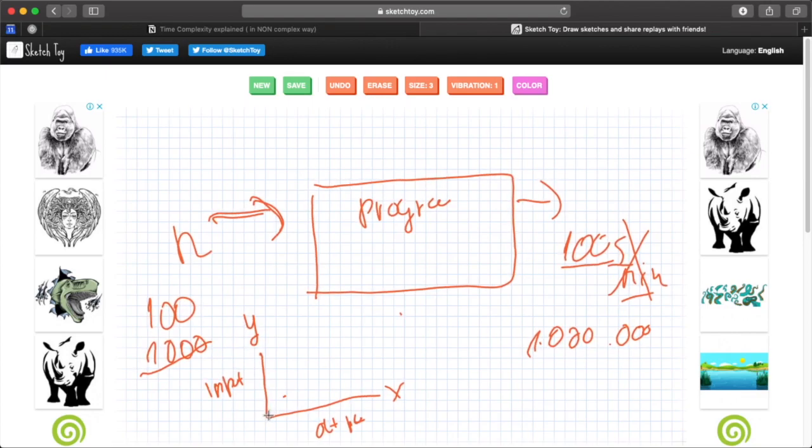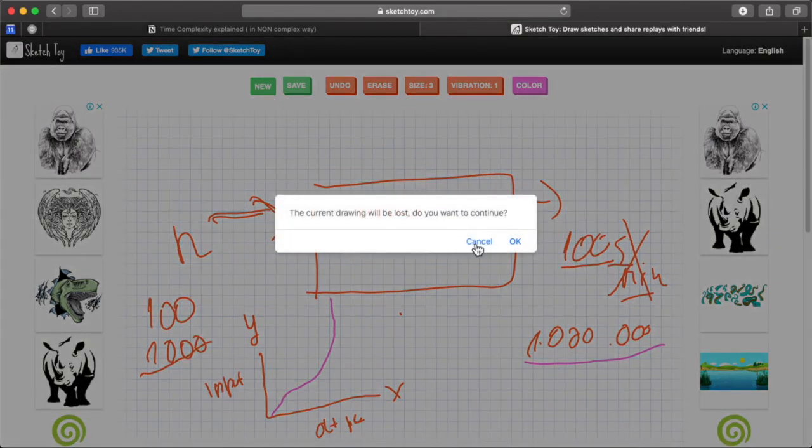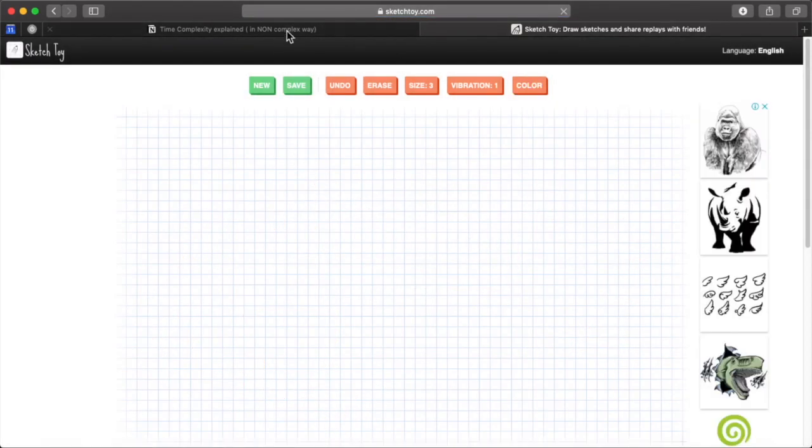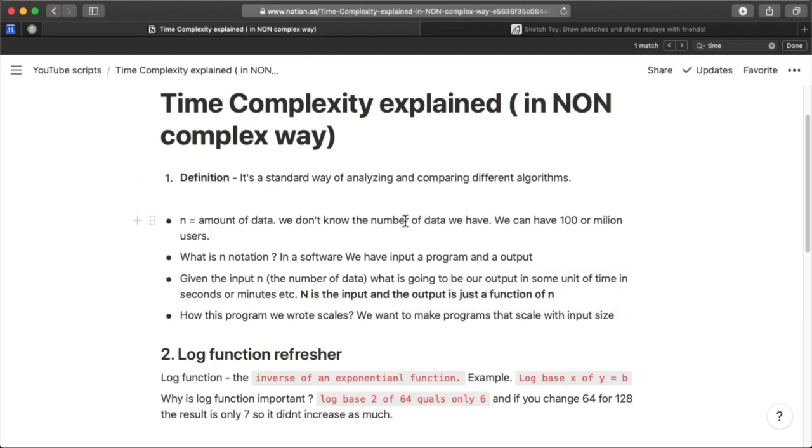If we have an output here, we don't want something like this. If the input increases just a bit, and the time it takes for the program to finish is so big, you don't want that. You want a program that scales. And that's basically how you compare algorithms.